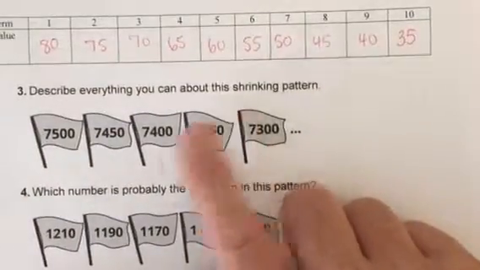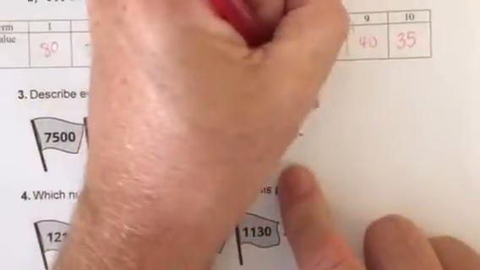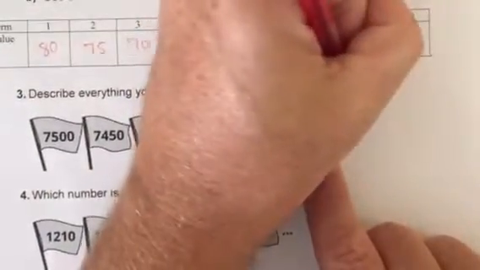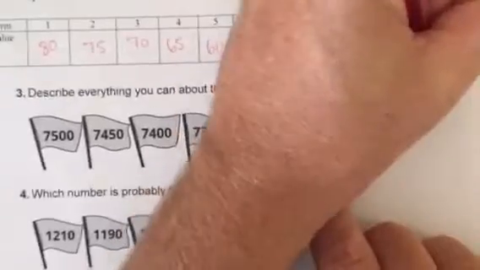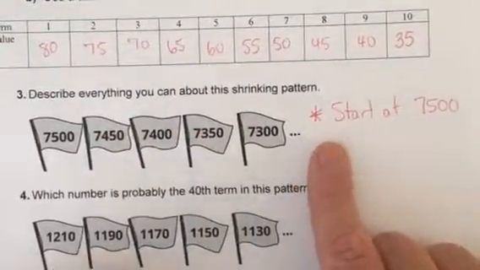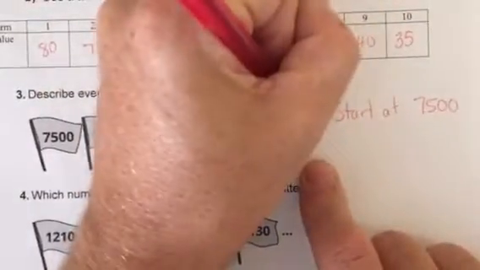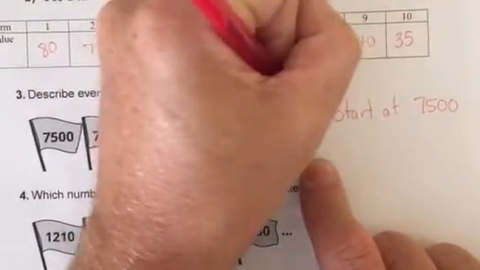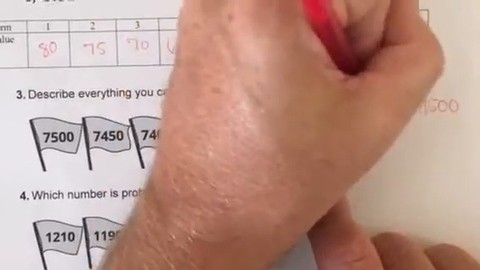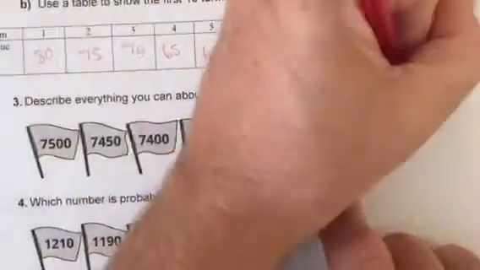Describe everything you can about the shrinking pattern. The two things I keep reminding students, always tell me where it starts. And always tell me what the rule is. So in this case, use the word subtract or decrease by 50 each time.